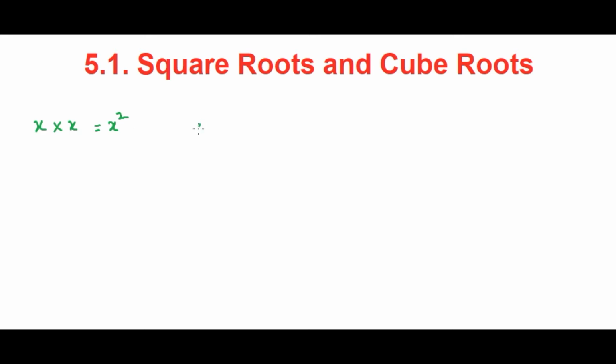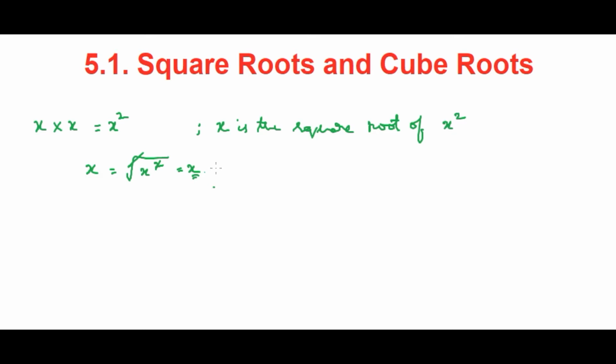So we can call x the square root of x square. This is the concept. That means x can be written as square root of x square. So the square root and 2 will get cancelled and finally it will give us x.